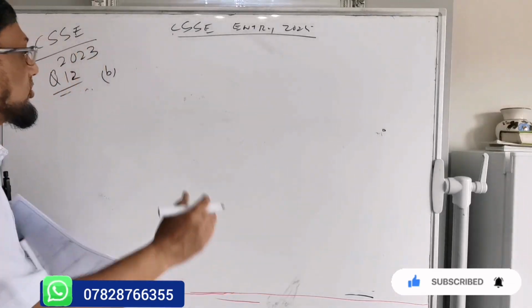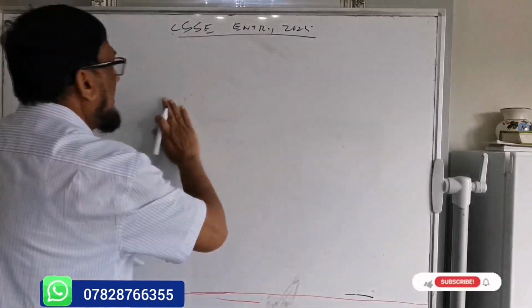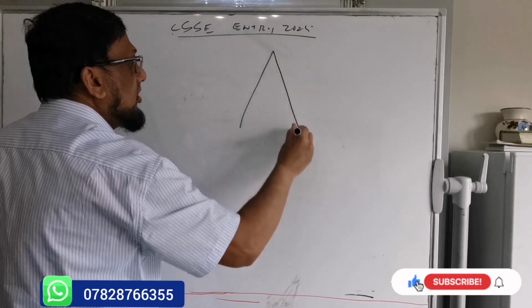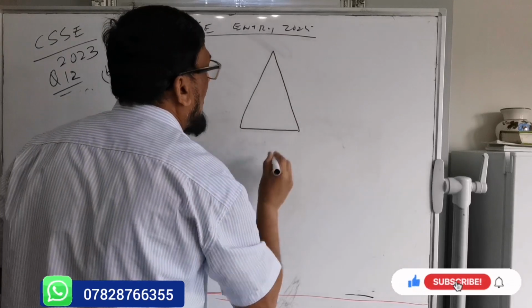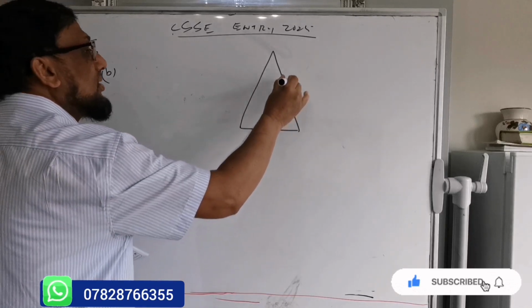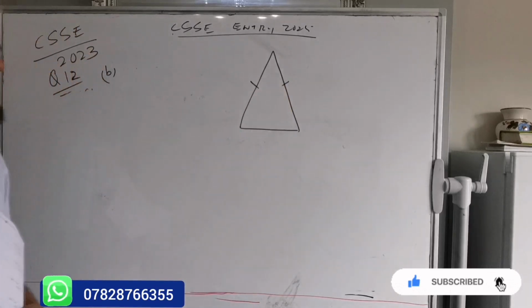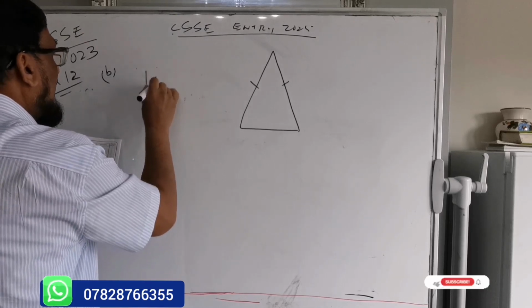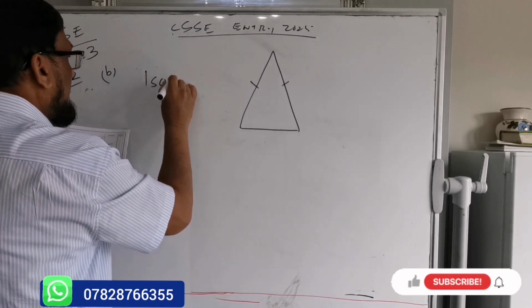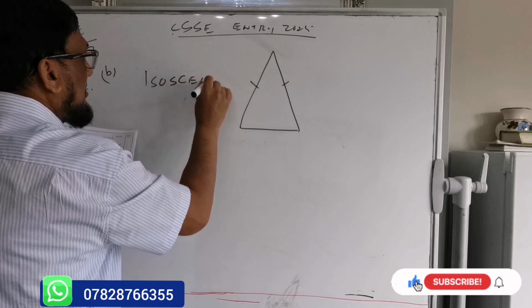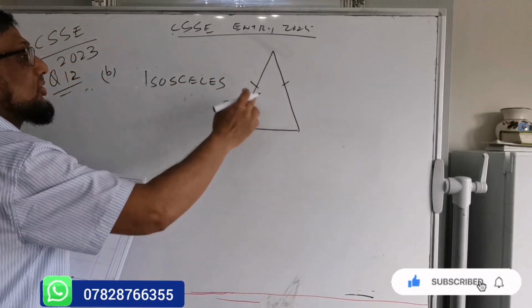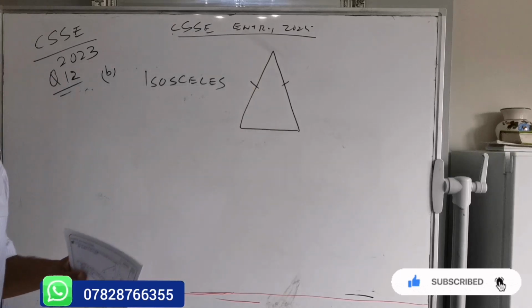So I'm going to draw a diagram here. Look at this one. They draw an isosceles triangle. So the property of an isosceles triangle is what? These two angles are equal to each other, so it's called an isosceles triangle. The two sides are equal to each other.